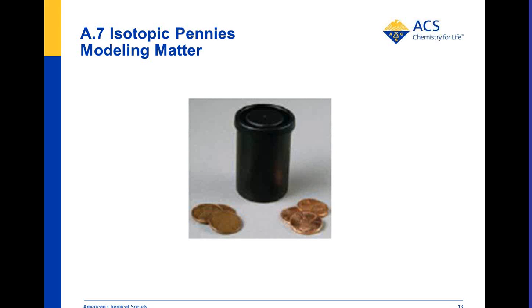And what you do in this activity is you find 10 pre-1982, pure copper pennies, and put them in a canister and label it, and then 10 post-82, since in the middle of 82 they changed. So be sure that it's after 82, the newer pennies, and put 10 of them in a container.